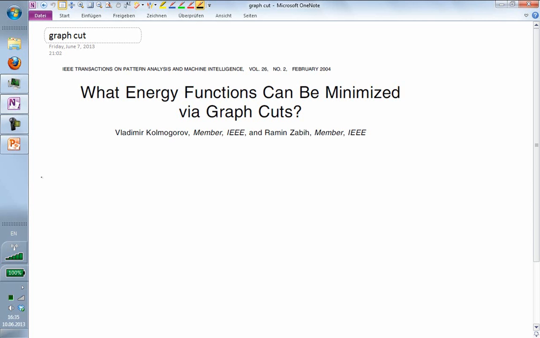And the paper builds on this theorem by Hammer that submodular quadratic pseudo-Boolean functions are graph representable. So graph representable.